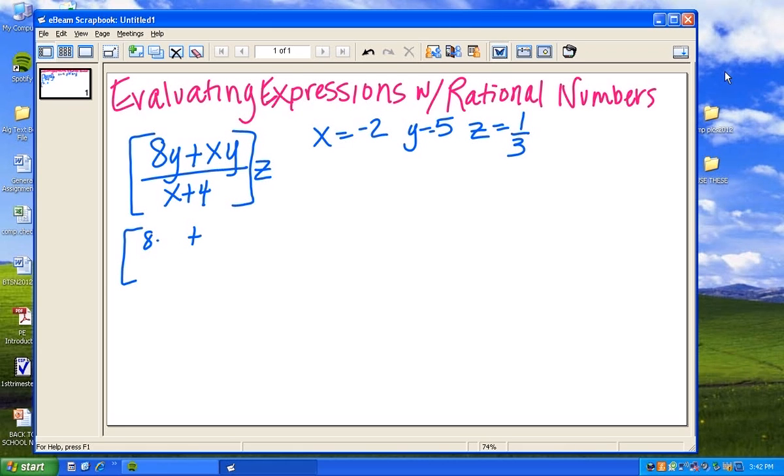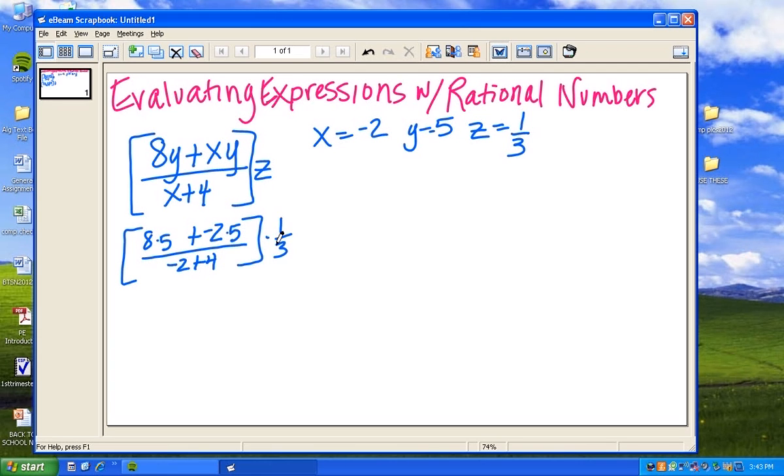My y was actually a 5. Plus my x, which is a -2, times my y, which is a 5. And it's divided by my x, which is a -2, plus the 4. Okay, and that's the end of the bracket, times my z, and z is 1/3.